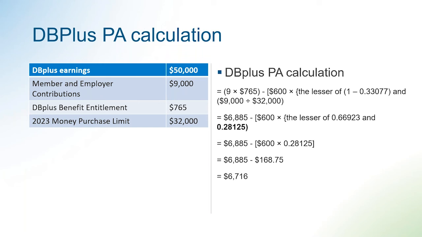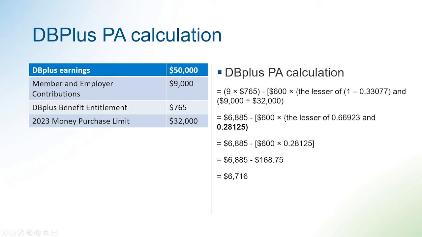The DB Plus PA calculation will follow the new formula. The PA offset of $600 will be prorated by multiplying the lesser of 1 less the DB Prime pensionable service and member and employer DB Plus contributions divided by the money purchase limit for that year. So 1 less pensionable service of 0.33077 is 0.66923.